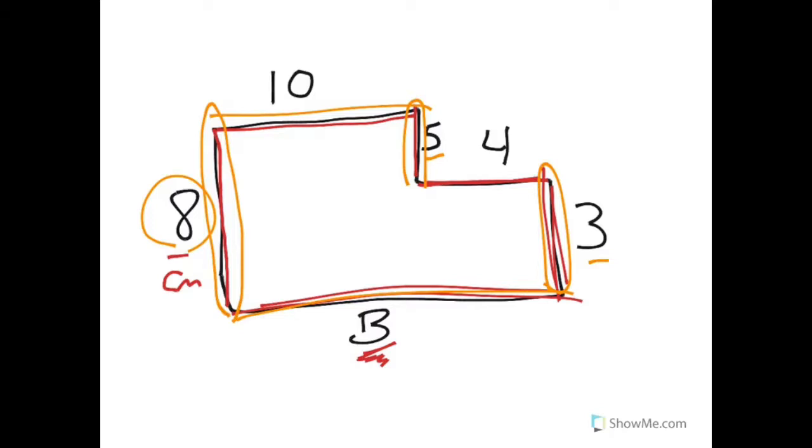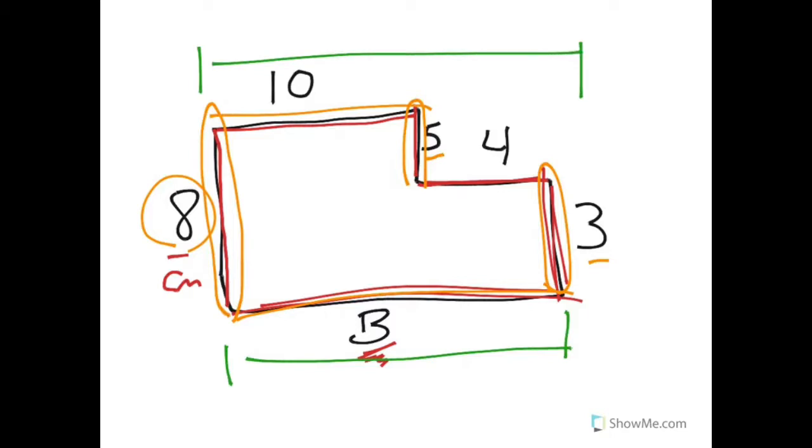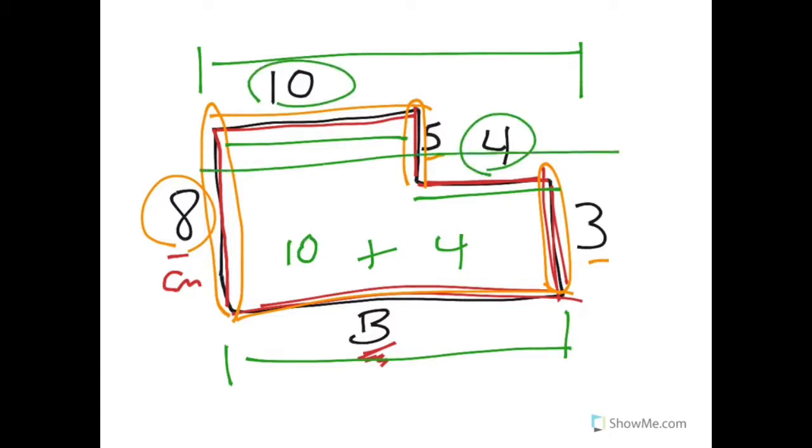So wouldn't it make sense, and I'll use green here, that if I'm going from here to find B, I would go from here to here, and it would be the same distance? Well, I know that this much of that is 10, and the other part would be 4, so my 10 plus my 4 would take me all the way across, and my B would give me 14.